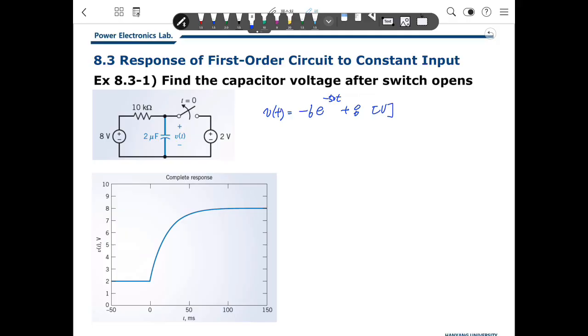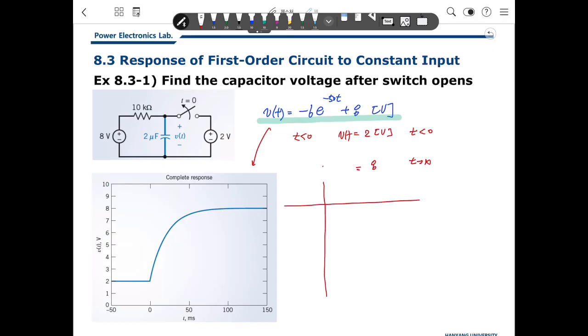So this is the solution of this circuit. So the waveform over here is this. You need to think about here. When t is smaller than 0, then Vt is what? Maybe this is 2 volt. T is 0. And as t goes to infinity, then that value is 8.